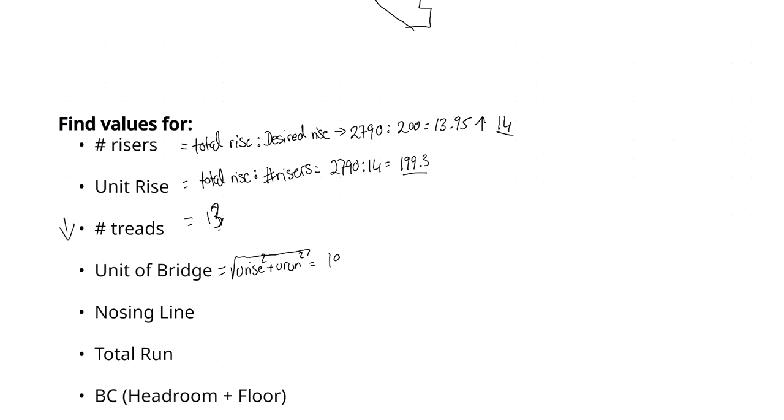So 199.3 squared plus 260, that was given to us, squared. Punch that into the calculator. Remember to square root. And that gives us 327.6.